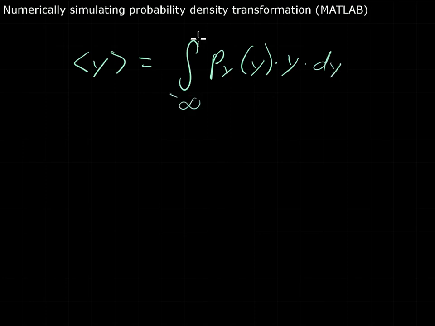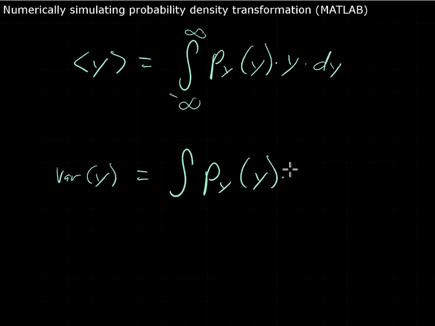And so that's the mean value, and the variance of y will be given by, I'll just say variance y. So the variance of y is the integral of y's density times y minus the mean value of y, squared, dy.